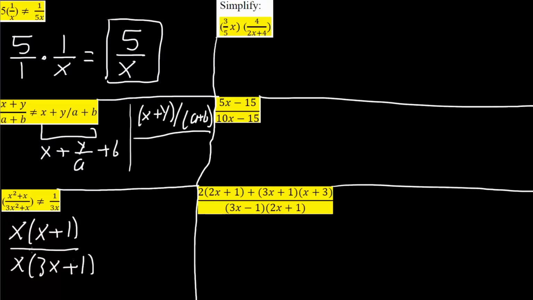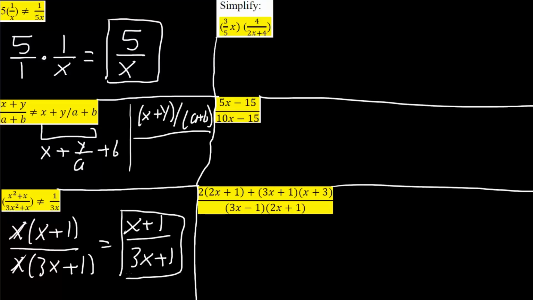And now we can cancel out the x. And so our final answer would be x plus 1 divided by 3x plus 1, where x cannot equal 0, because if x equaled 0, then we would have 0 divided by 0. So x does not equal 0.